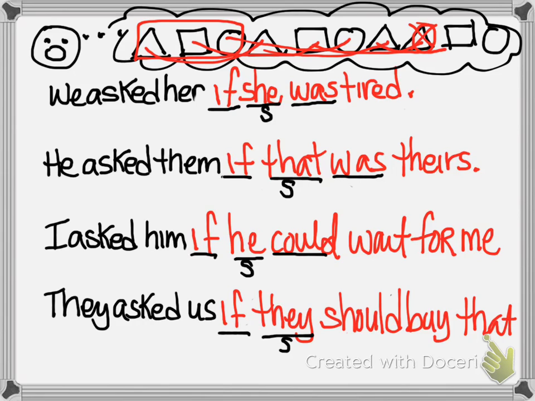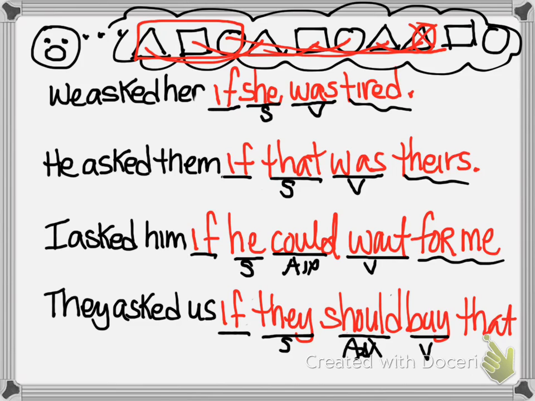We have could, wait, and should, buy. So here we have a verb. Here we have a verb. Could wait. We have an auxiliary and a verb. And should buy, auxiliary, and verb. And then we have the rest of our sentence.